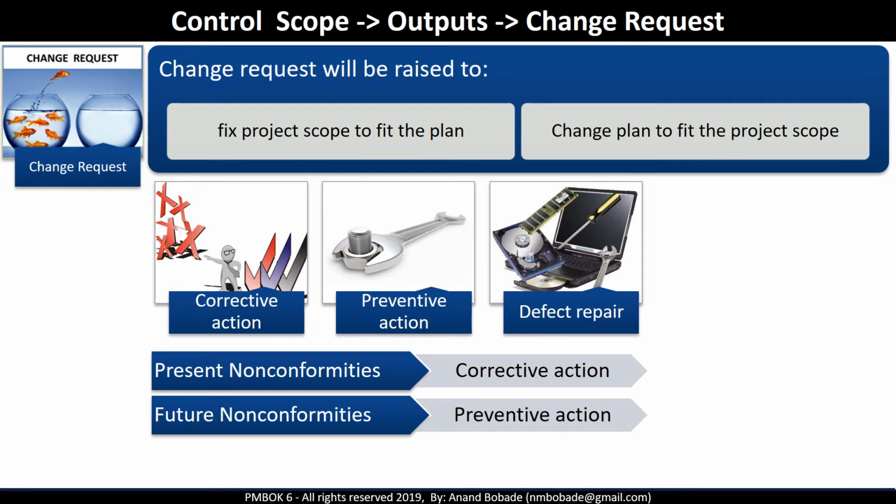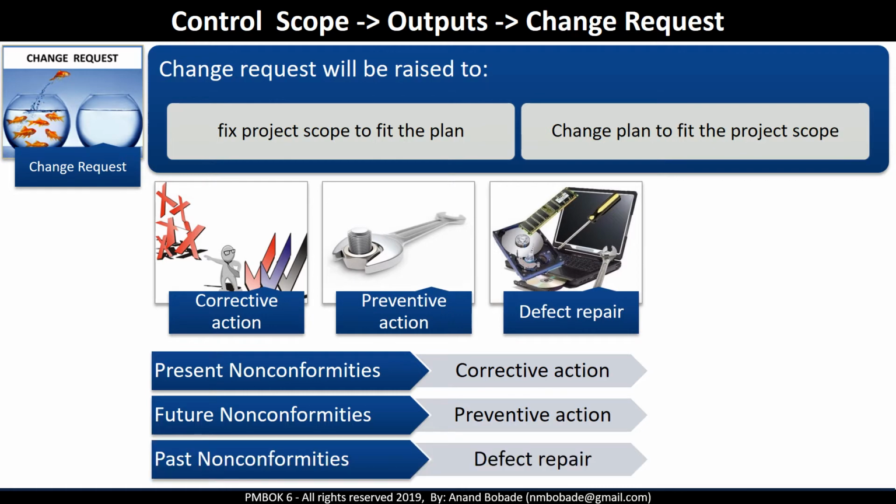If a trend towards a future variance from the plan is discovered in the trend analysis, meaning there are possible future non-conformities, then the project manager needs to take preventive actions to make sure that the potential variance in the future is prevented by changing the performance baselines. If a variance from the plan has already occurred, meaning past non-conformities, then the project manager needs to make a defect repair to make sure that the variance is repaired and the project scope can continue as planned.